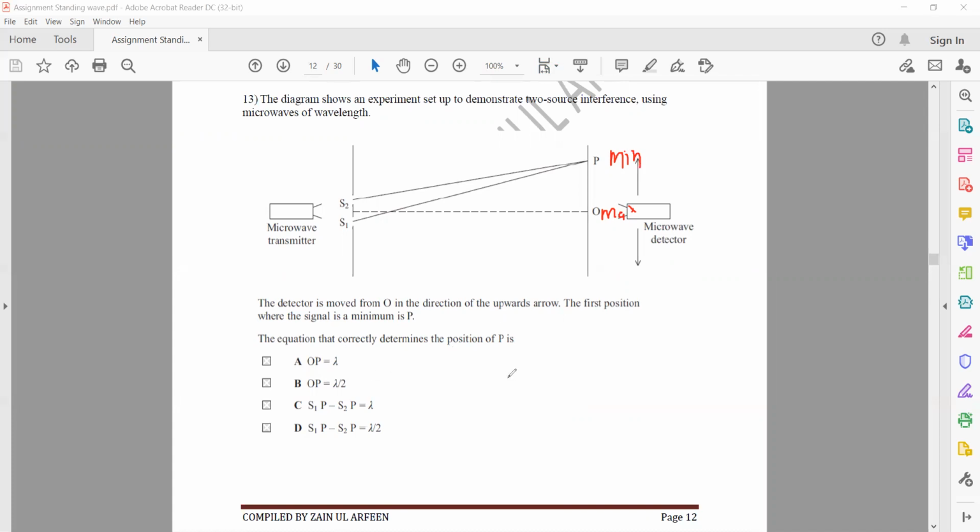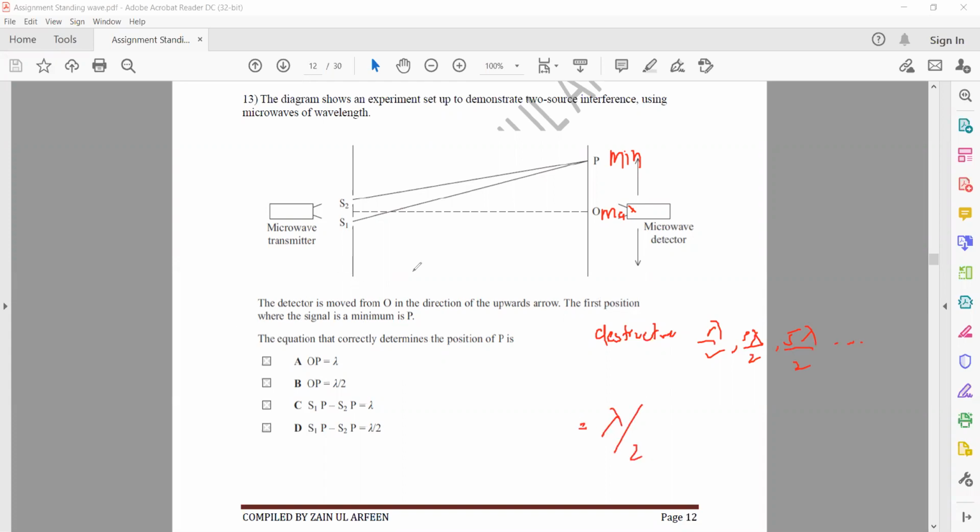So when destructive interference is there, the path difference should be lambda by 2, because the condition for destructive interference is that the path difference should be lambda by 2, 3 lambda by 2, 5 lambda by 2, and so on. So the path difference here, because of minima, should be lambda by 2.